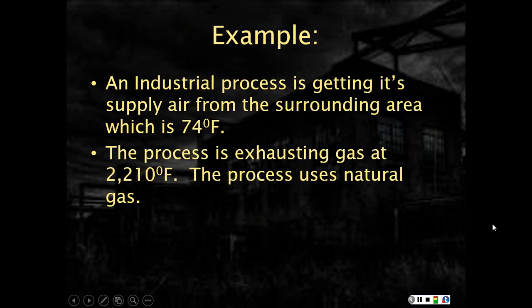So here's our overall example. I have an industrial process. It's getting supply air from the surrounding area, which is typically around 74 degrees. The process is exhausting gas at 2,210 degrees, and the process is currently using natural gas. So that's important when we take it to the proper table.